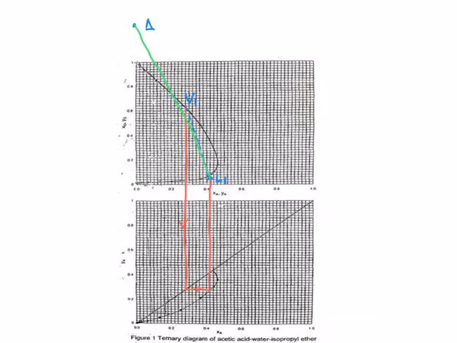The position where you intercept this green line with the equilibrium line will be the position of your V2.